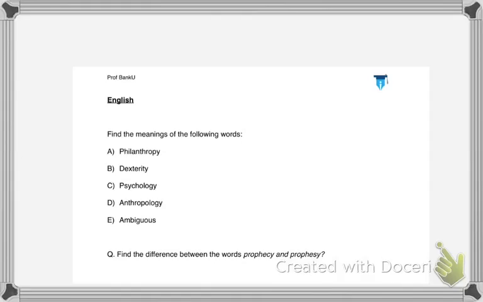Now in English, the 5 words for the last week were philanthropy, dexterity, psychology, anthropology, and ambiguous. Philanthropy means good for mankind, an act which is good for mankind.